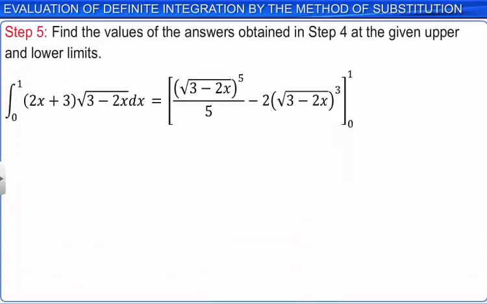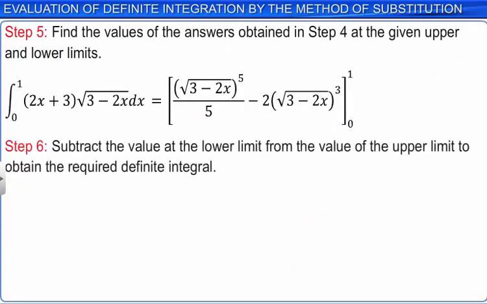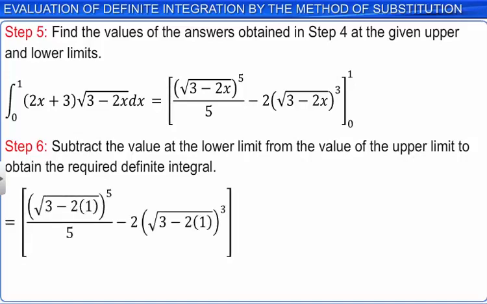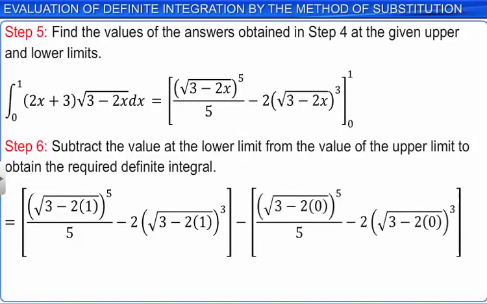So, square root of (3 minus 2 times 1) raised to the power 5 divided by 5 minus 2 times square root of (3 minus 2 times 1) raised to the power 3, minus square root of (3 minus 2 times 0) raised to the power 5 divided by 5 minus 2 times square root of (3 minus 2 times 0) raised to the power 3.